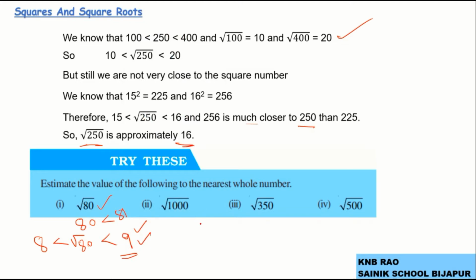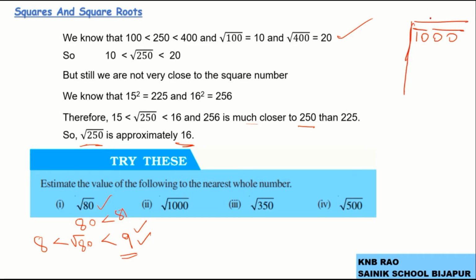Here 1000. When it comes to 1000, how to find the nearest? See children, obviously here also 1000 is close to. So we have learnt the long division method.